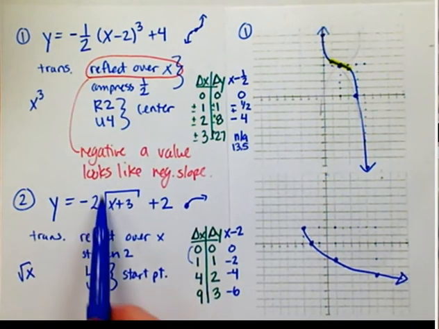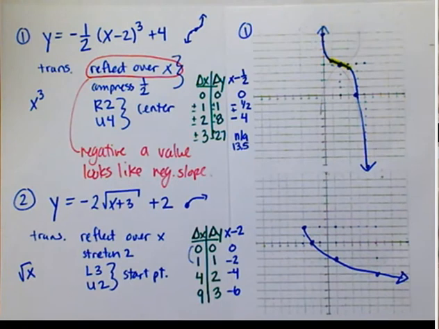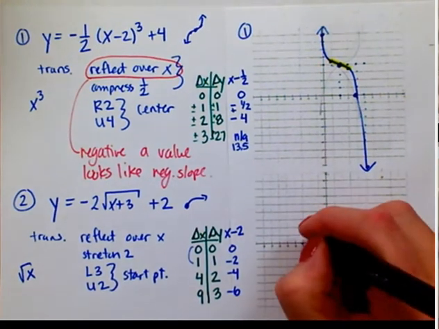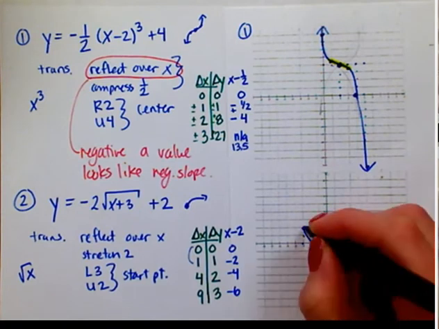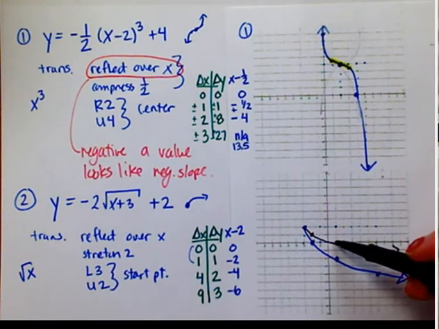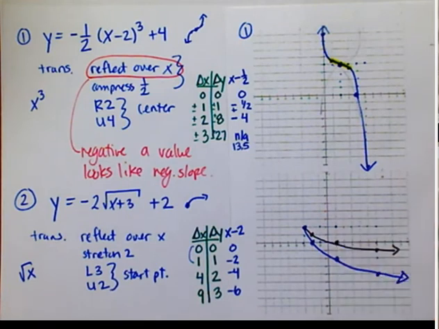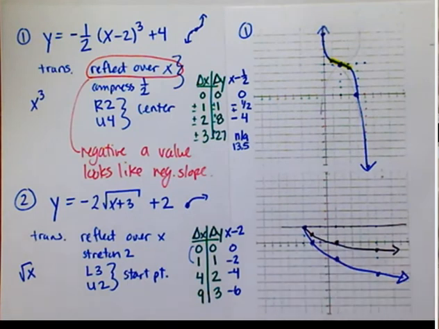Remember, we're using your knowledge of transformations to use that a value to stretch it. Your parent function would have looked like this. Notice that the y-coordinates are twice what they would have been compared to the starting line.